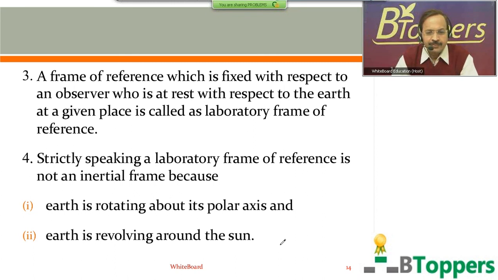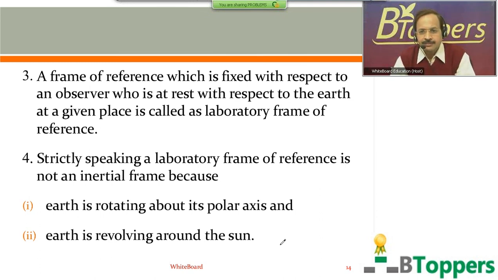Next point: strictly speaking, a laboratory frame of reference is not an inertial frame because of 2 reasons. One reason, Earth is rotating about its polar axis, and Earth is revolving around the Sun. Those who want to copy the notes can copy down these 2 points also.